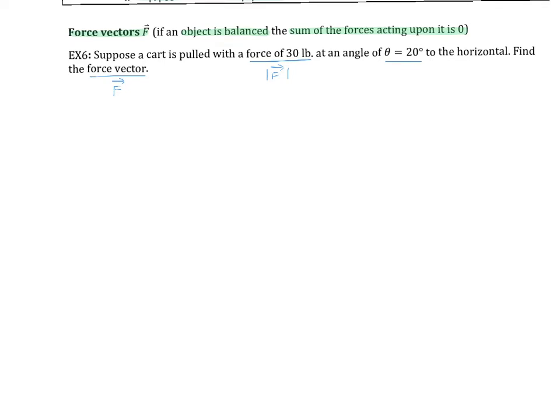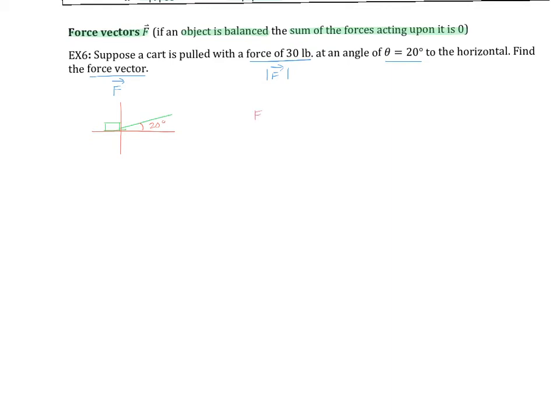I'm pretty much done. So I'm just going to draw a quick little diagram of this cart that's getting pulled along. I'm going to drop this into our coordinate system, where this would be the angle that it's pulled, and that would be the diagram that represents this problem.